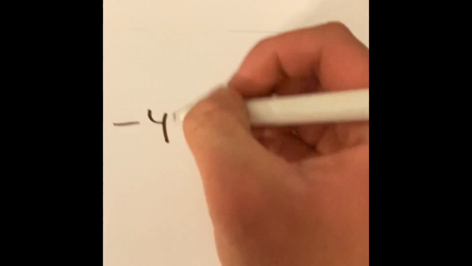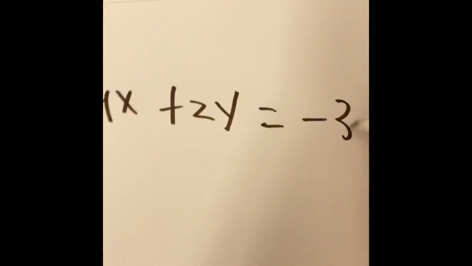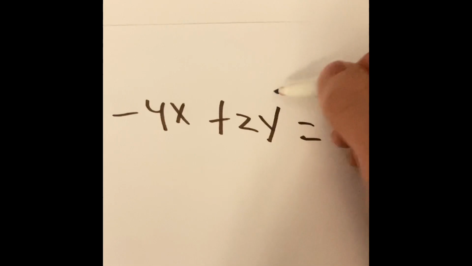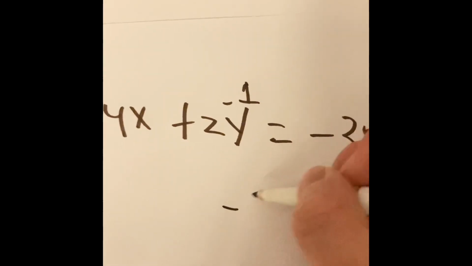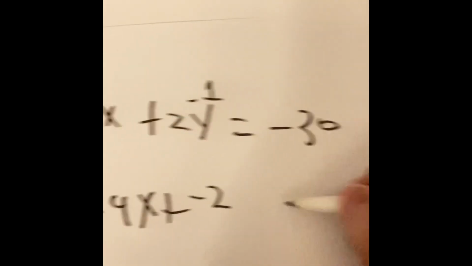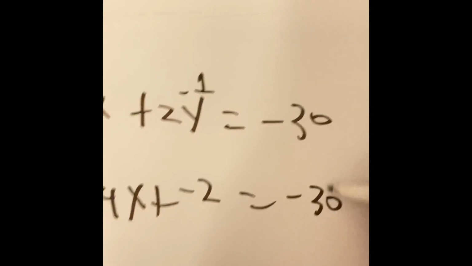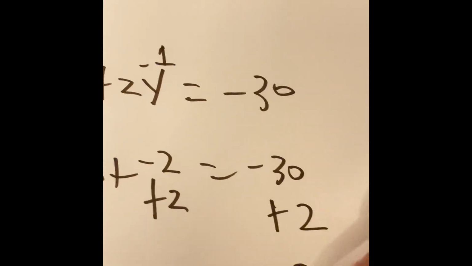So the next one was negative 4x plus 2y equals negative 30. So we're going to put negative 1 in for y. So that's going to become a negative 2. Negative 4x plus negative 2 equals negative 30. Add 2 to this side, we get negative 28.